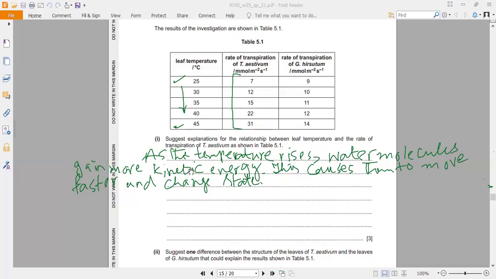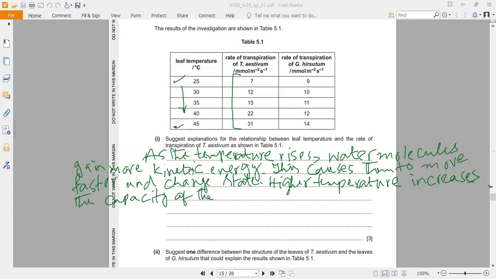High temperature increases the capacity of the air to hold moisture.